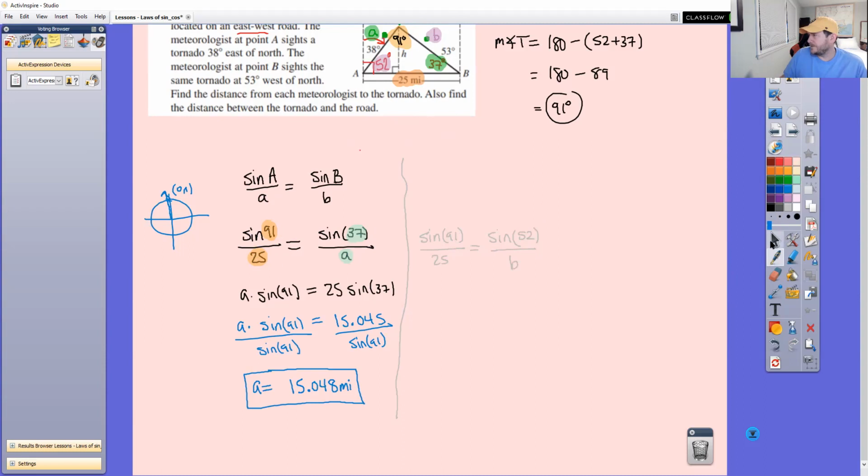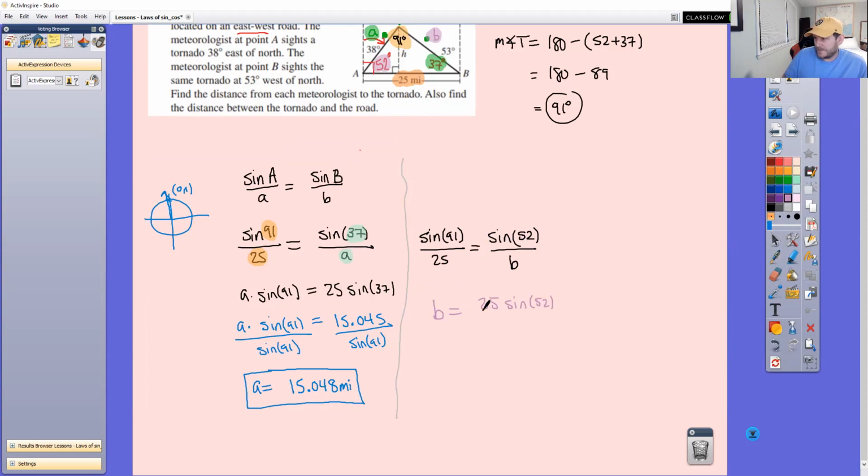And I don't actually want this gray, so we'll turn it black. Okay, but cross multiply. And again, you guys should probably be in a place in your lives where you can do the bulk of this in your head. We're going to multiply by B, and it'll be B times the sine of 91. So you know that B will equal 25 times the sine of 52.